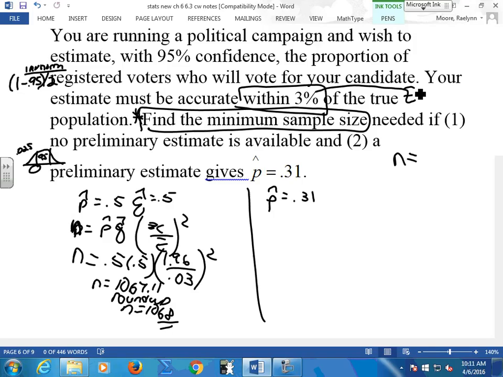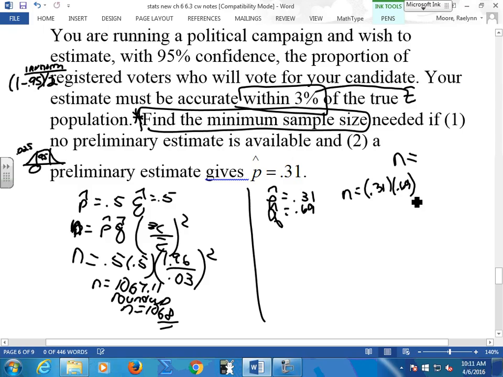Now, say I did this before, and I know 31% of the people voted for my candidate. So now, instead of using the 0.5, I can absolutely use their p hat and q hat. Watch what happens to your n. This is going to stay the same. I still want 95%, so 1.96.